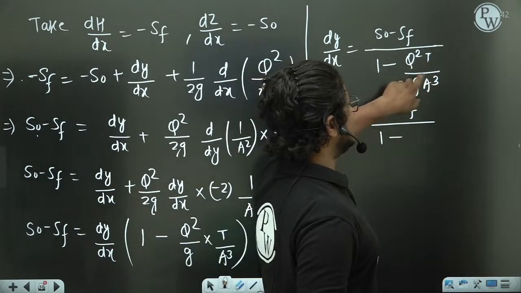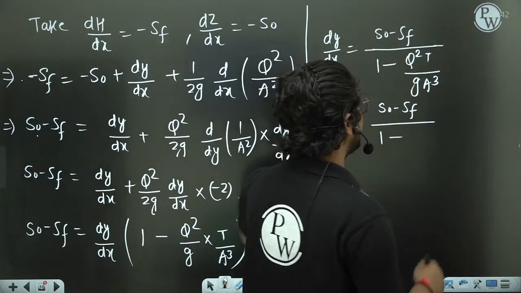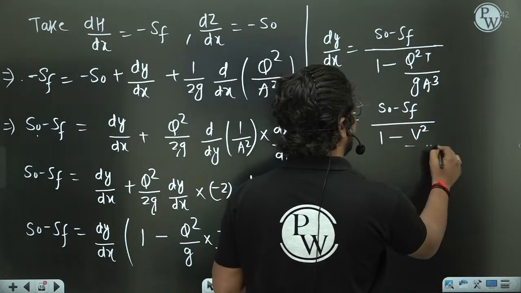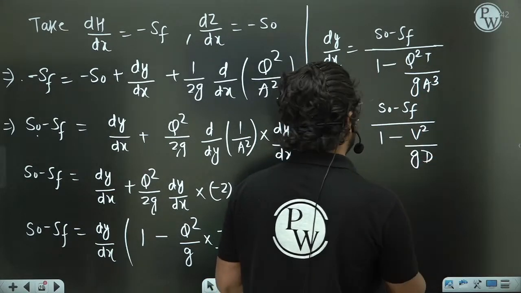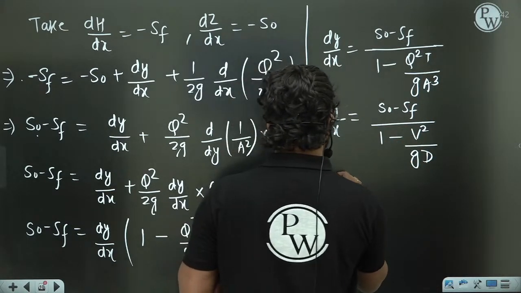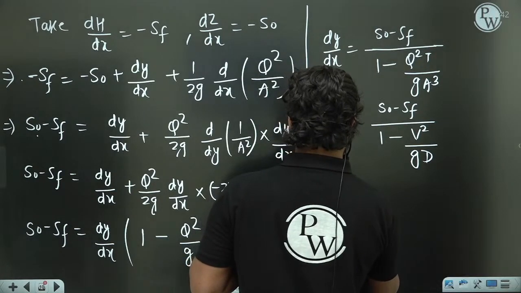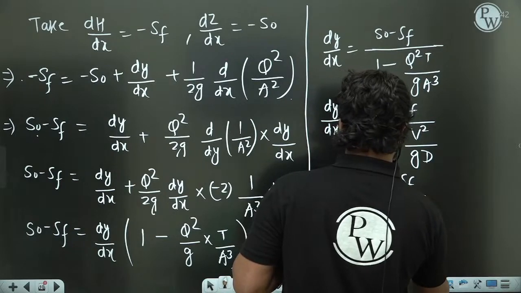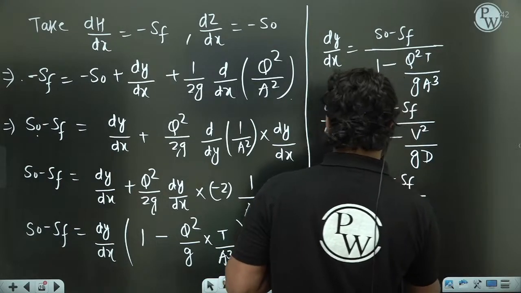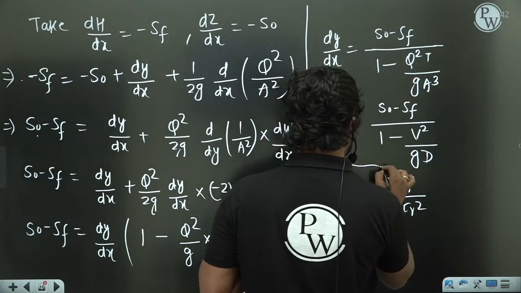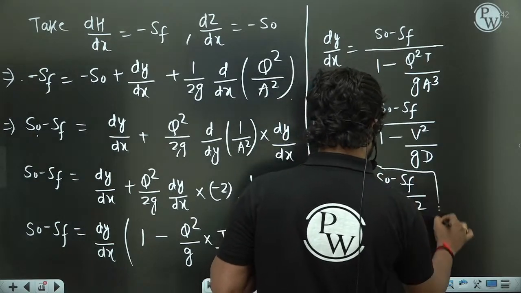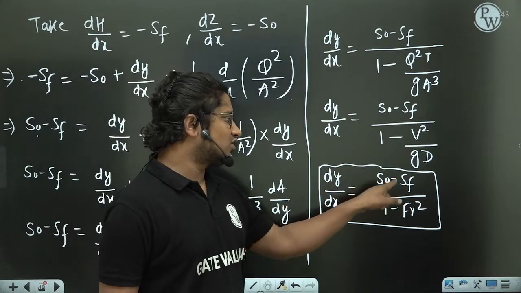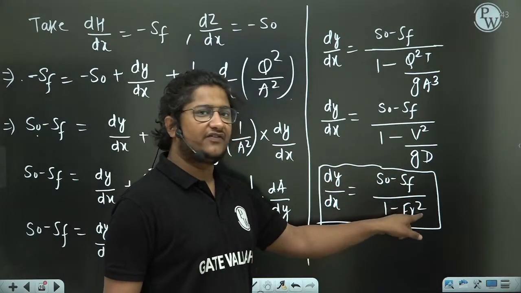This you can change also. Like q squared upon a squared, you can write this as v square. A by T you can write as g into d. V square upon gd is nothing but what? It is the Froude number square. So Fr square. So you got a formula: dy upon dx is equal to S naught minus SF divided by 1 minus Fr square.